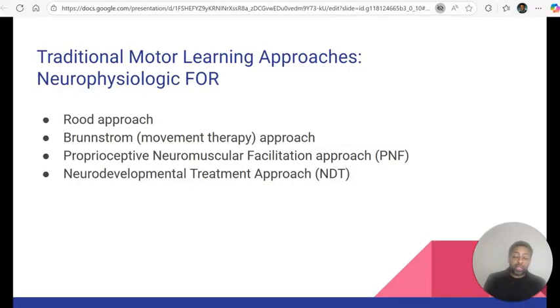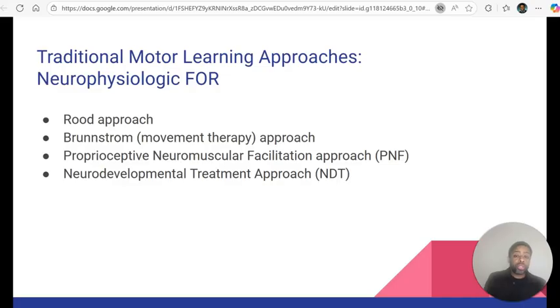Now, what I've mentioned so far are the contemporary motor learning approaches, and there are evidence-based strategies to utilize. The most effective, or most supported, one is really the task-oriented approach.